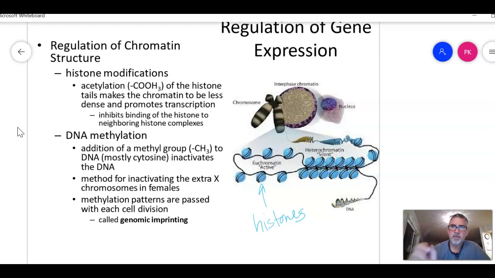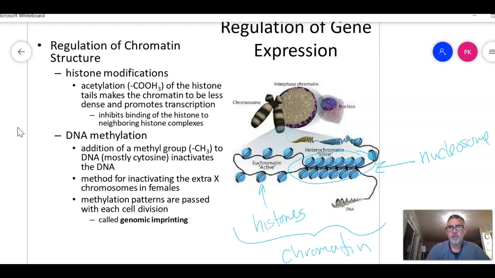If I get a group of histones like this, this is called a nucleosome, right? And if I get all of this together, this is called chromatin. The non-condensed form of DNA is called chromatin.